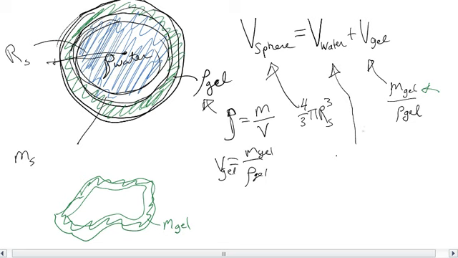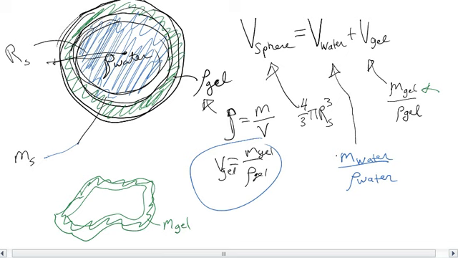Okay. And so then we want to use the same equation that we used for the gel, but now for the water. Using the same equation, V water is equal to M water over rho water, the density of water, and we know the density of water. It's by definition a gram per milliliter. And so we figured out what the mass of the water was by taking the mass of the sphere and subtracting the mass of the gel.